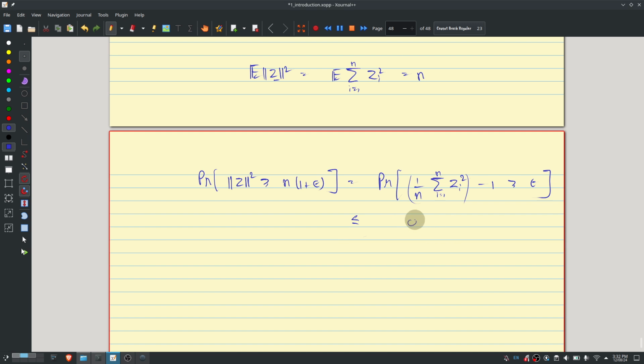Okay, so the moment generating function of zi square, by e to the power t into 1 plus epsilon.